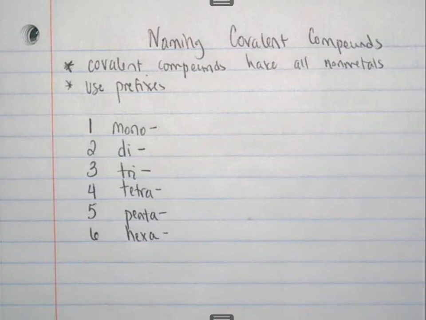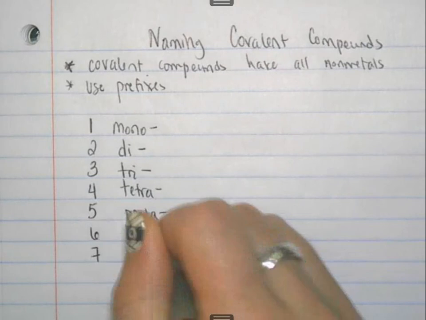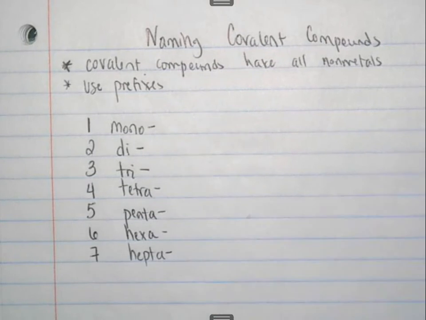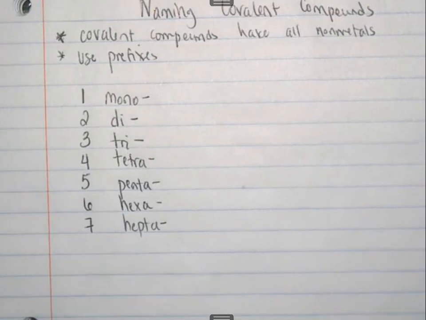7, we're going to use hepta, and you may know that there's another prefix, sept. Like you can say that someone has septuplets, which is 7, but we're going to use the hept prefix. 8 should be your good buddy oct.